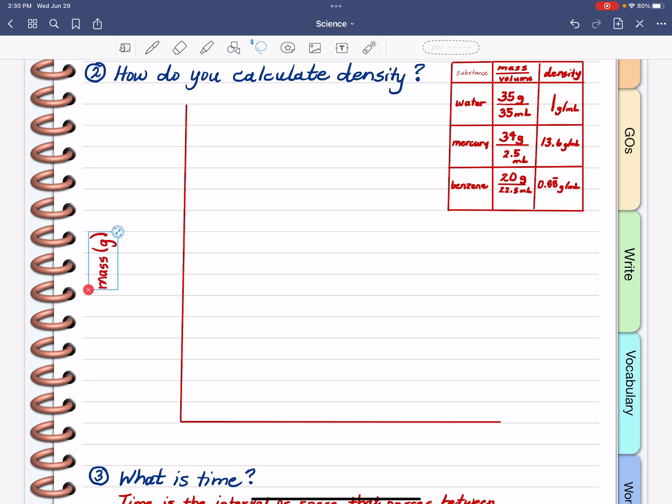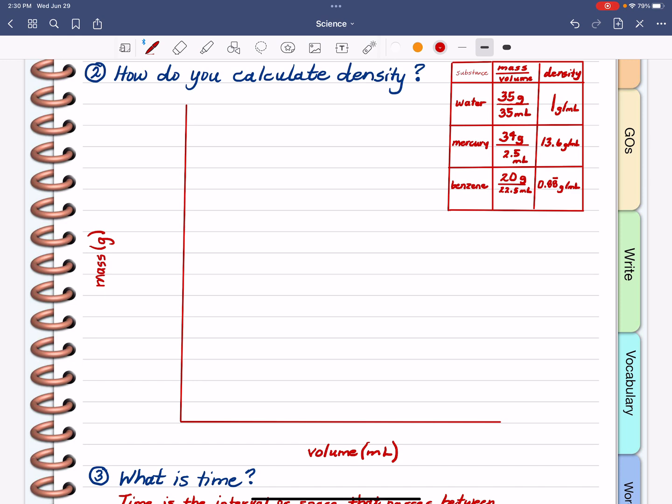You can turn your book around. Mass in grams, and then the x-axis is going to have the volume in milliliters. So down here we're going to label the x-axis volume in milliliters. Now if we had an independent variable, we would put it down here, but we don't. We're graphing density. So mass and volume.